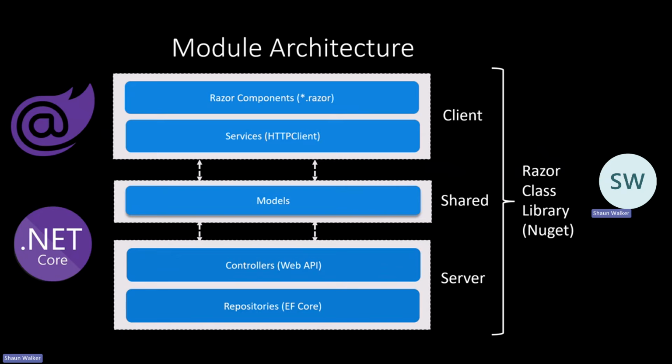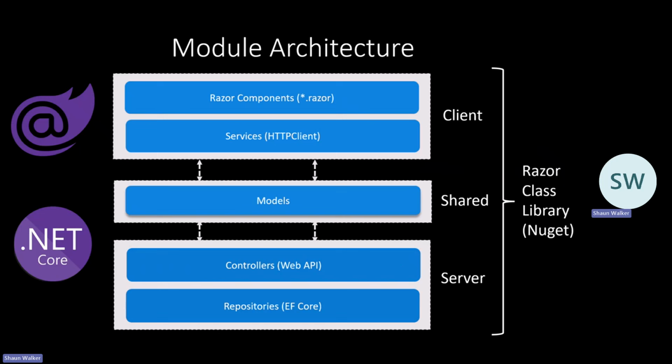Modules in Oqtane follow the same exact architecture that the Oqtane framework itself follows. So it's broken down into basically 3 projects. There's a server project, which handles the data access and repositories, and the APIs. It has a shared project, which contains the models, and then it has a client project, which is where your Razor components reside, and your client services, which interact with the APIs.